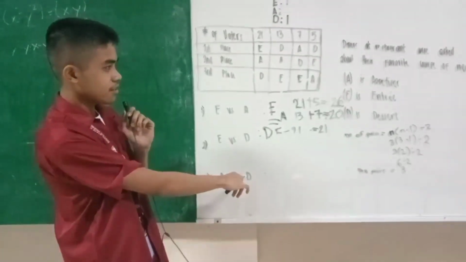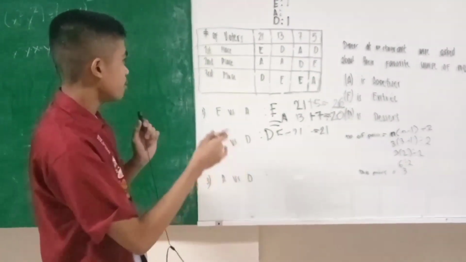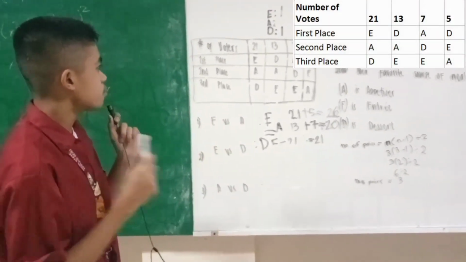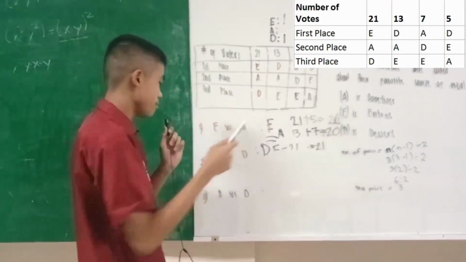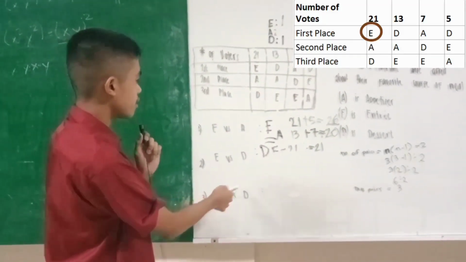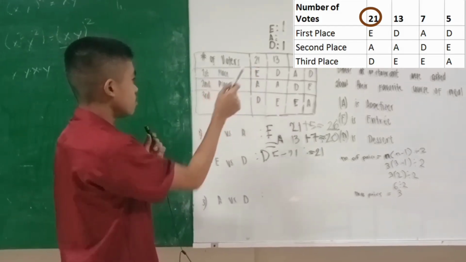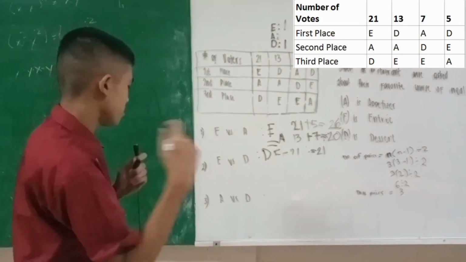The third pair is appetizer versus dessert. In the table we see the numbers of orders: 21, 13, 7, and 5. In the first column, the appetizer got 21 orders. In the second column, the dessert got 13 orders. In the third column, the appetizer got 7 orders.